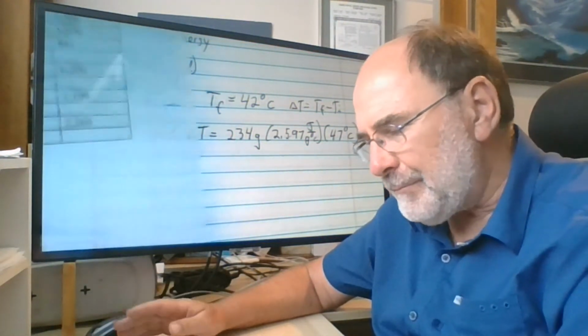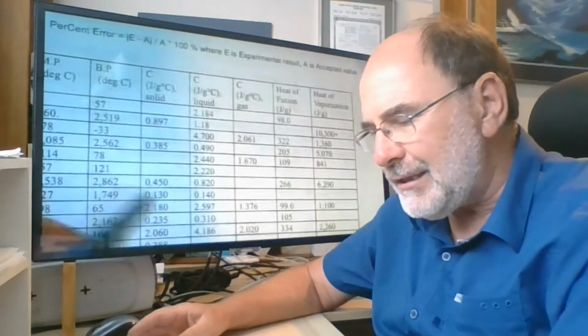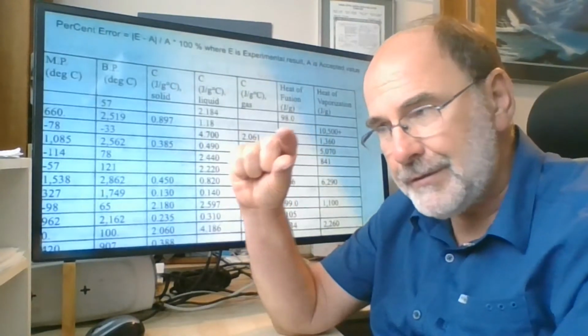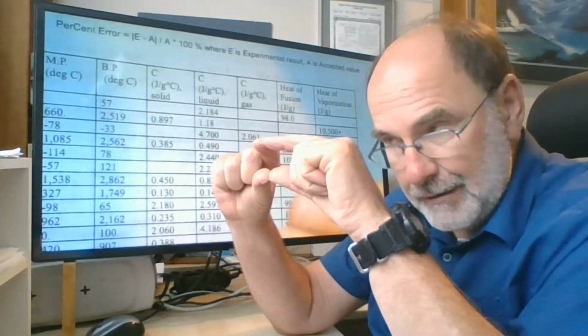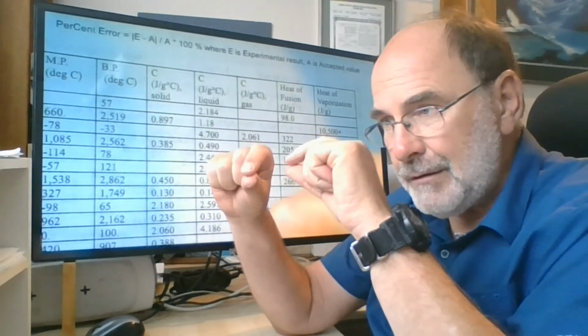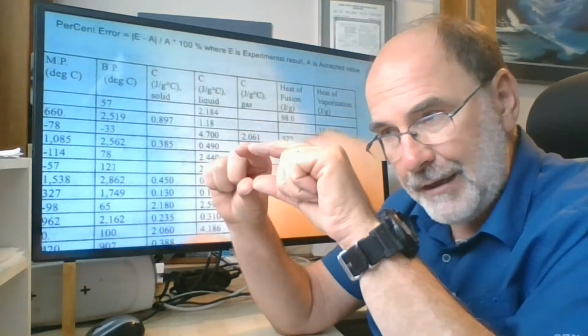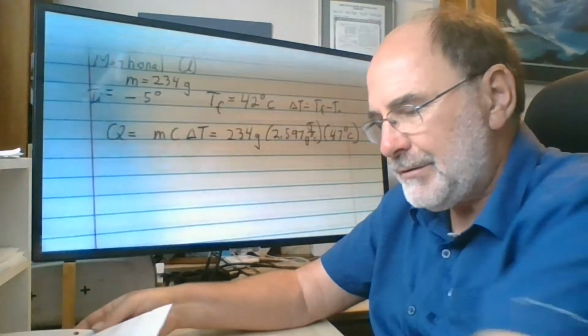Let me reiterate. If the temperature is given to you in Kelvin, you can still use these values from this table because a change of 1 degree in Kelvin is equivalent to a change of 1 degree Celsius. Between Celsius and Fahrenheit, it's different, but between Kelvin and Celsius, it's the same. So you're going to get the same result.